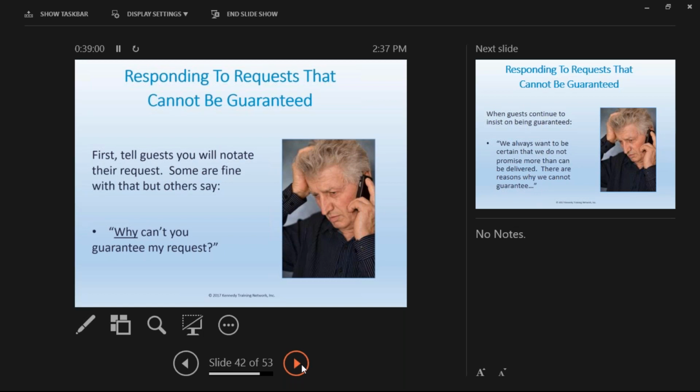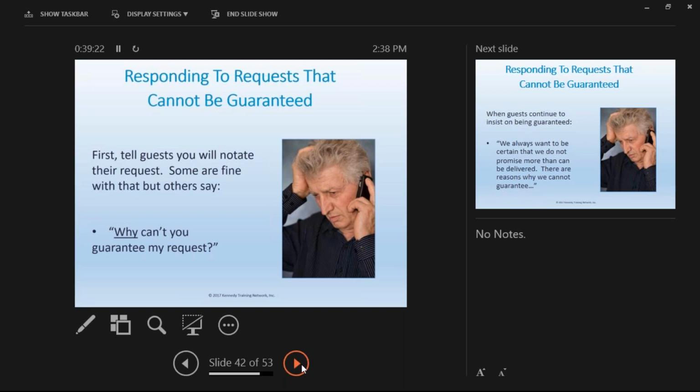In hotels, we rent by category, okay? So depending on how your revenue manager and your marketing team has broken up your inventory, you might be able to confirm them into ocean view or mountain view.